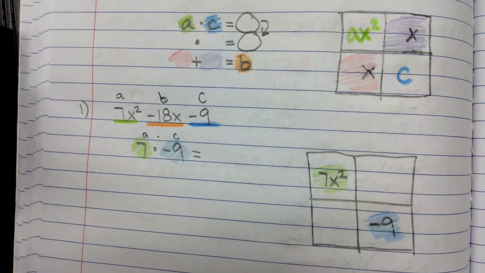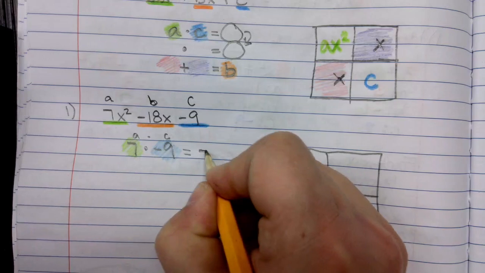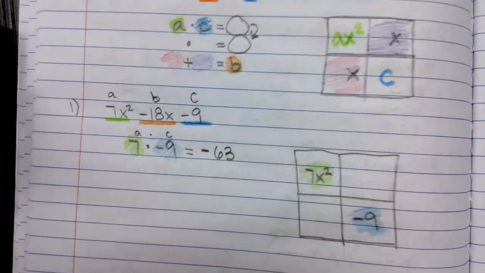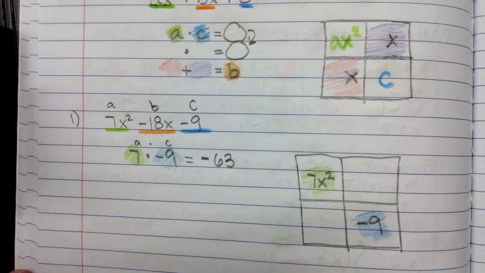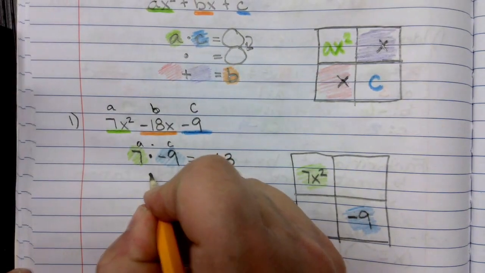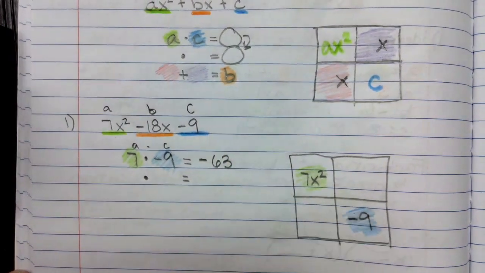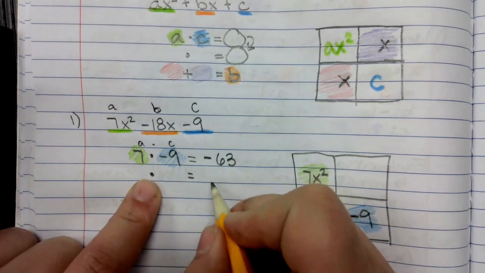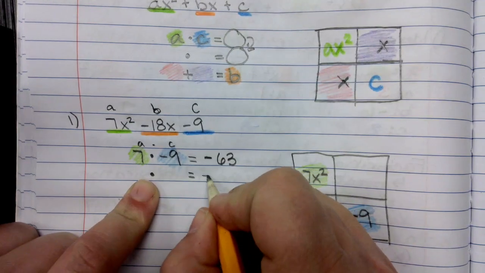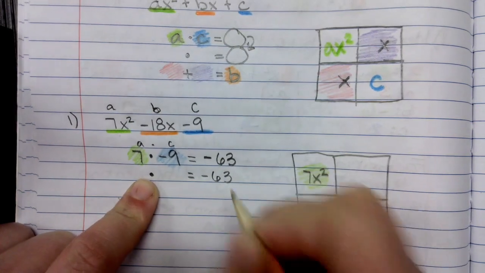So now another multiplication problem. And when I write that multiplication problem, I'm going to write the same answer, negative 63. But now I'm also going to write an adding problem.